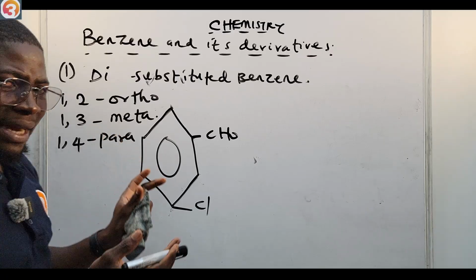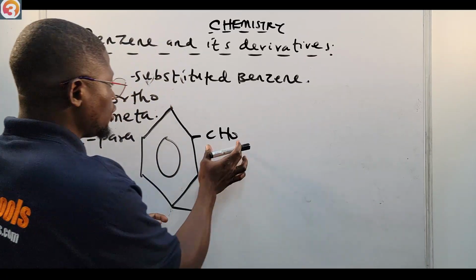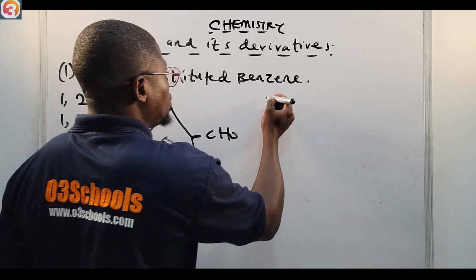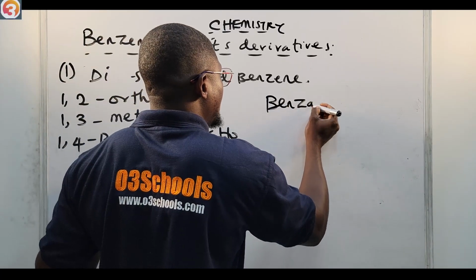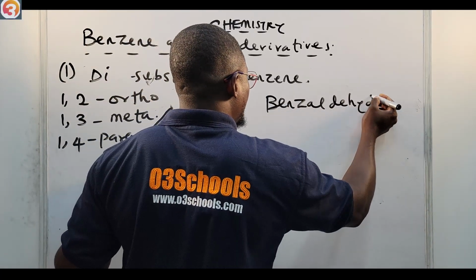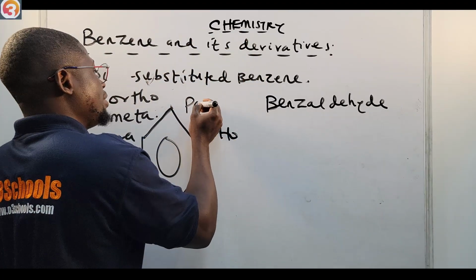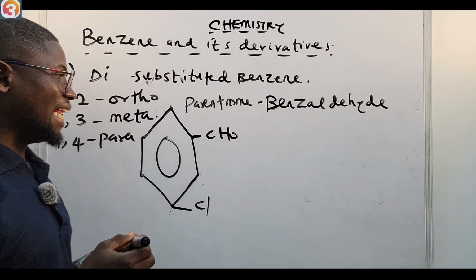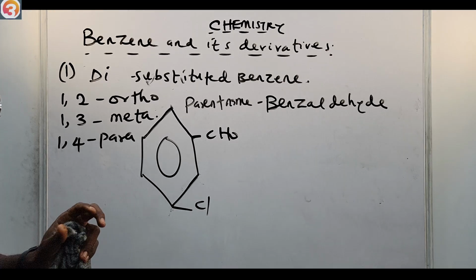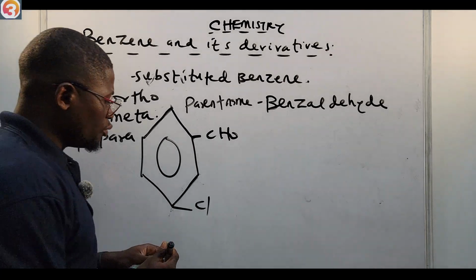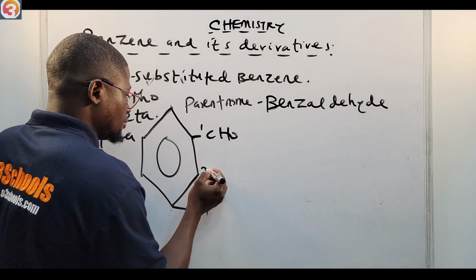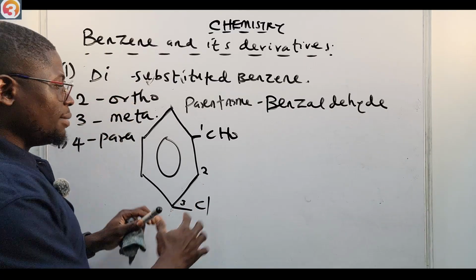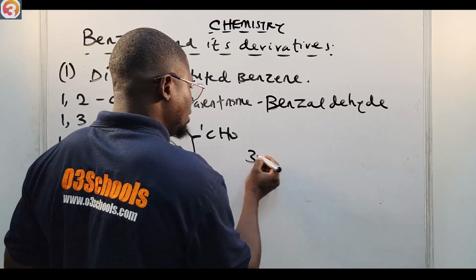The parent name for a benzene that attaches itself to an aldehyde functional group, we call that one benzaldehyde. This is the parent name. Now it asks for a chlorine on what position? This is position 1, this is position 2, this is position 3. The chlorine is on position 3. Now this compound will actually be called what?